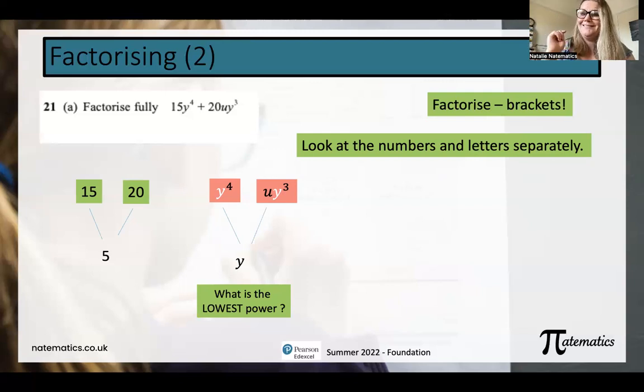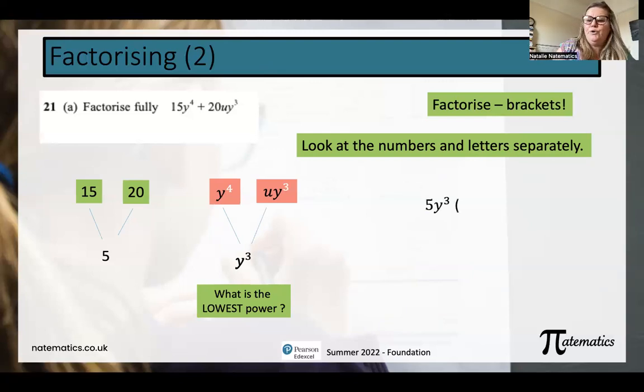There'd be 1, wouldn't there? Yeah, so we can divide one into the other. So basically what we do is we pick out the lowest power. That is your highest common factor for that particular letter. Okay, so as I say, we look at the Y's and then we look at the lowest power.